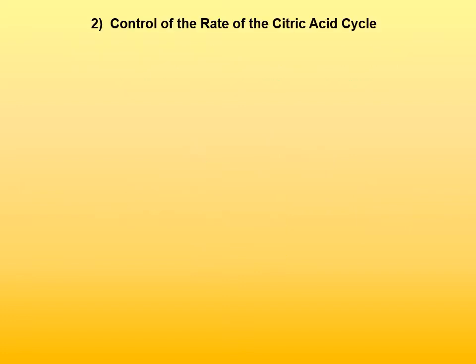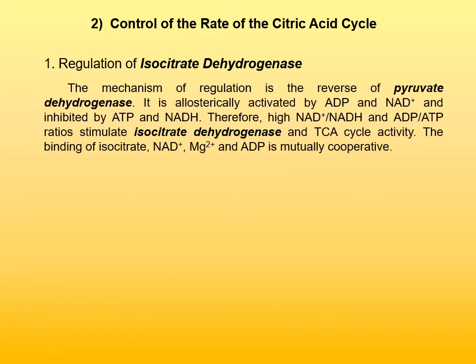Another way to control the citric acid cycle is to control its rate. Primary control points are the first two enzymes that generate high energy electrons, and those are isocitrate dehydrogenase and alpha-ketoglutarate dehydrogenase. When it comes to regulation of isocitrate dehydrogenase, the mechanism of regulation is the reverse of regulation of pyruvate dehydrogenase.